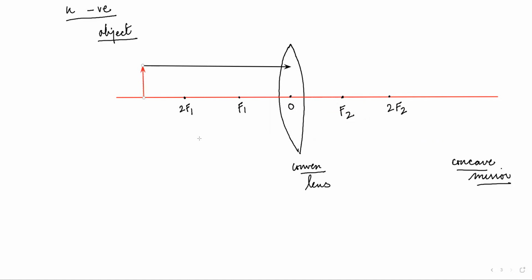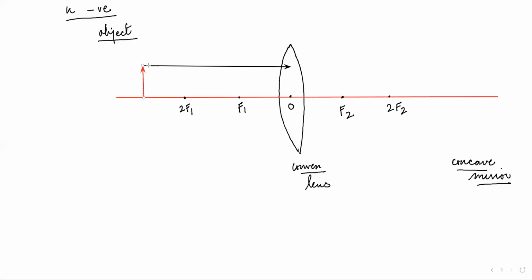In concave mirror, what we used to do, if you remember, from the tip of the object, I used to draw a parallel line. From the tip of the object, I used to draw a ray passing through C. Here, I will not pass the ray through C, rather I will pass the ray through O. That's it. You can draw all cases yourself.